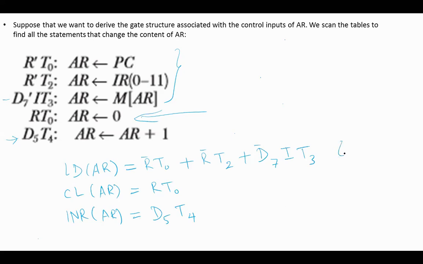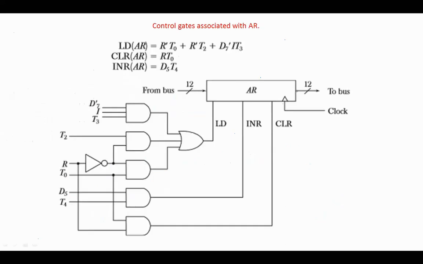Now, having these expressions, we can draw the logic circuits for generating the control signals associated with the control inputs of AR. This is the address register. The size of the address register is 12 bits, and the size of the bus is 16 bits.